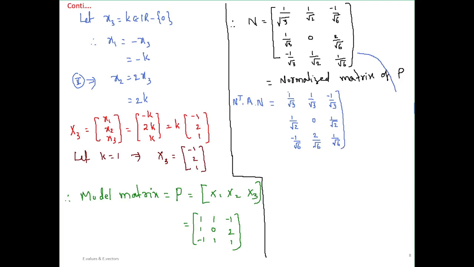Okay, so next I have to substitute the given matrix A, which is first row 1 minus 1 0, second row minus 1 2 1, third row 0 1 1. So this is the given matrix A, right?